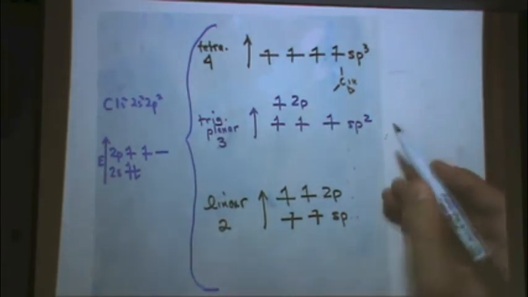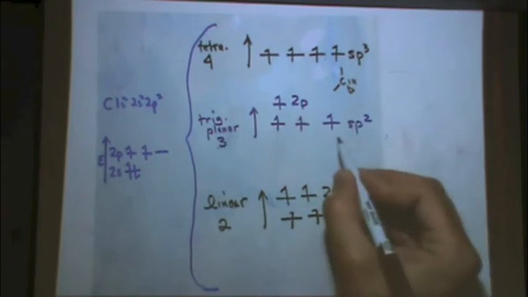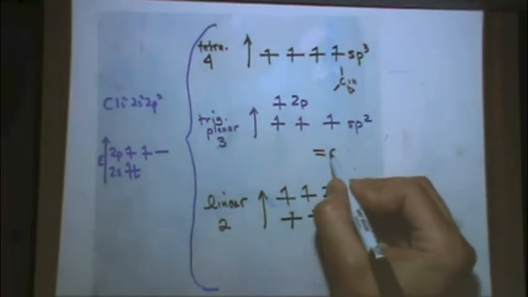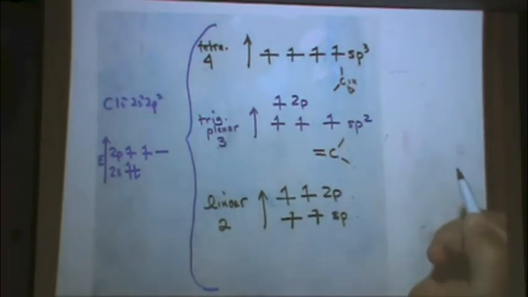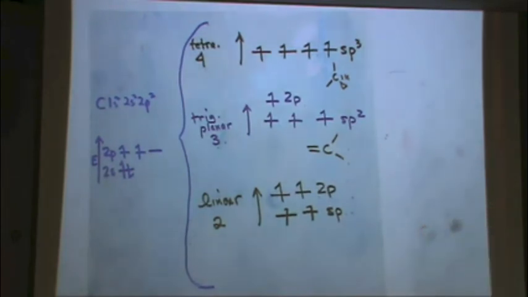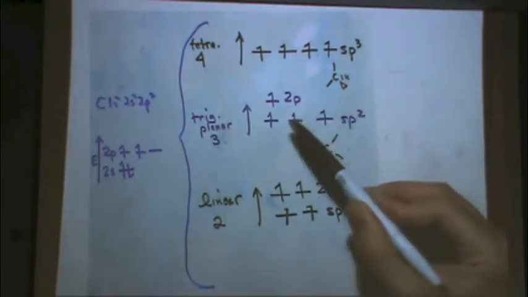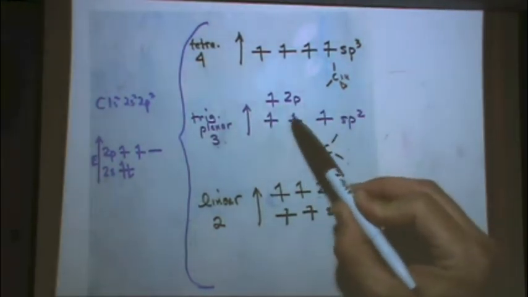Okay. For the trigonal planar, for carbon, it would look like this. There's trigonal planar. You notice there's a double bond now. Each bond, including the double bond, is composed of 1 sigma bond. Okay? Each one of those is composed of 1 sigma bond, and that's these 3 sigmas here.